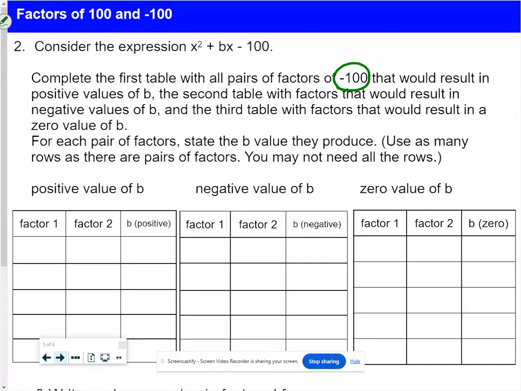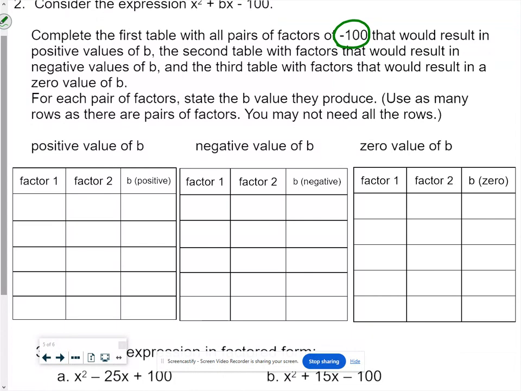So I want things like, let's try to get a positive b value. Let's use 25 and negative 4. So if I multiply those, I would get a negative 100, but the b value is positive because I've got more positives. This is going to be 21.